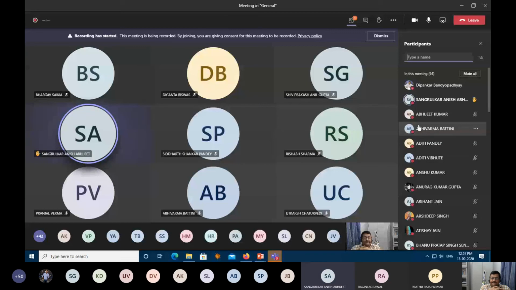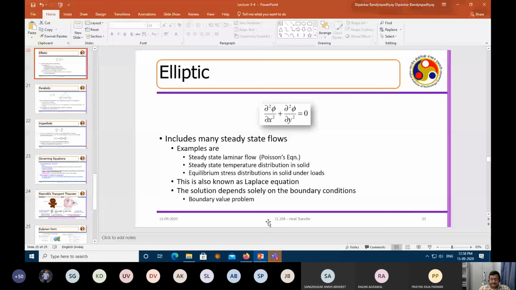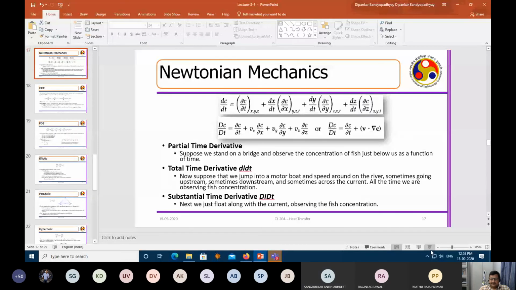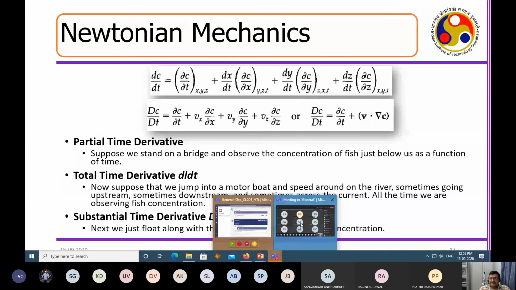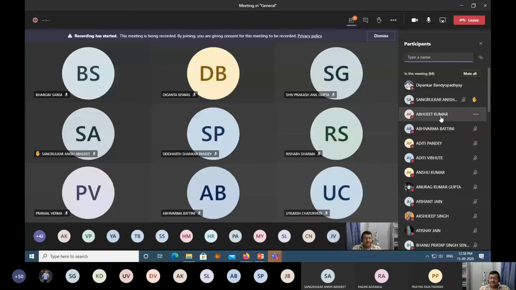Sir, when you told about the change in temperature with respect to time, one part was the local change in temperature and another part was the convected change. This slide, correct? You are muted.